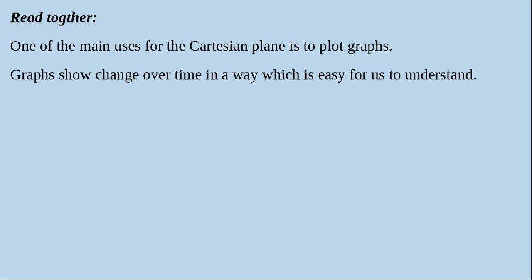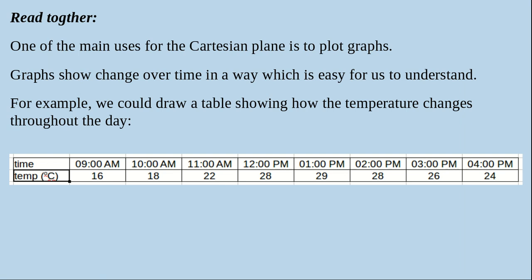Alrighty, so the point of graphs is to show change over time in a way that's easy for us to understand. So we could draw up any list of numbers for something to show change, and in this example here, our table shows time, and as time changes, the temperature changes throughout the day.